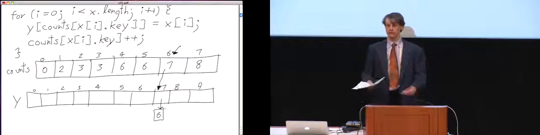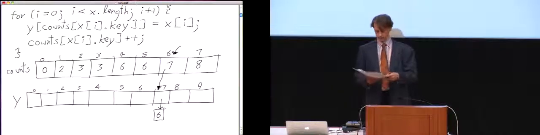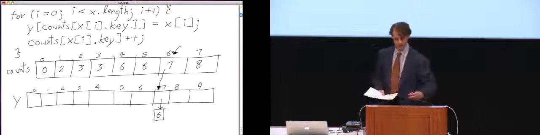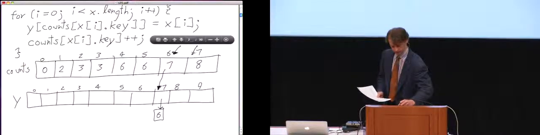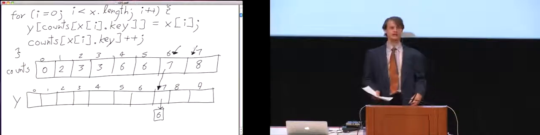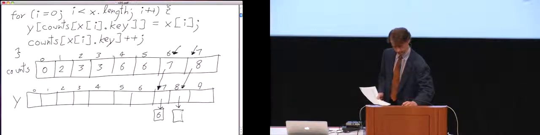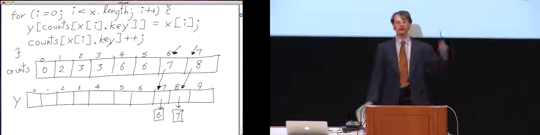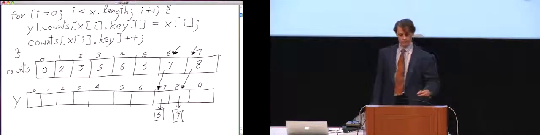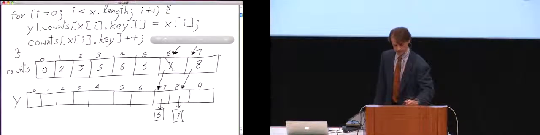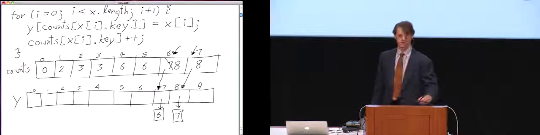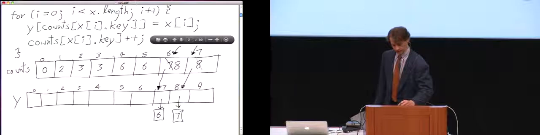And then we go on to the next key in the input list, which is a 7. And we look at the 7 box, and that tells us that the 7 should go in index 8. The other thing is, every time we do this, though, we also increment the count. So when we did the 7, or index 7, we increment that so that it's an 8. And when we did the 8, we increment that so it's a 9.